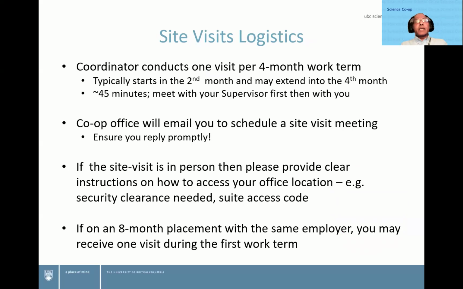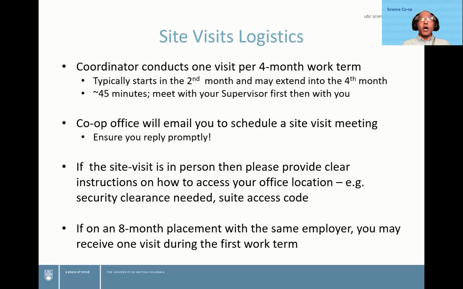Now, here are the things that you need to keep in mind about site visit logistics. One site visit per 4-month work term. But if you are doing 2 consecutive work terms with the same employer, then you may or may not get a site visit for the second work term.